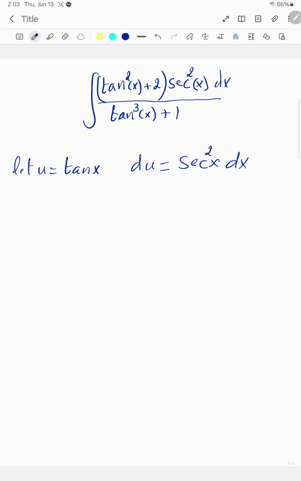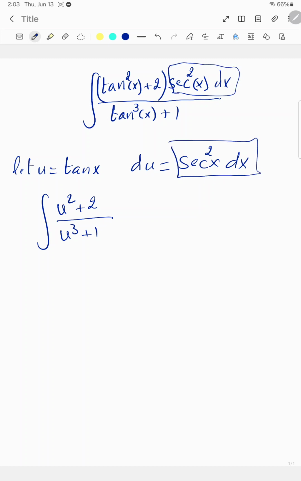Now I can replace my tan by u and my sec square of x dx by du. So my integral becomes u square plus 2 divided by u to the power of 3 plus 1, and my sec square of x dx becomes du.